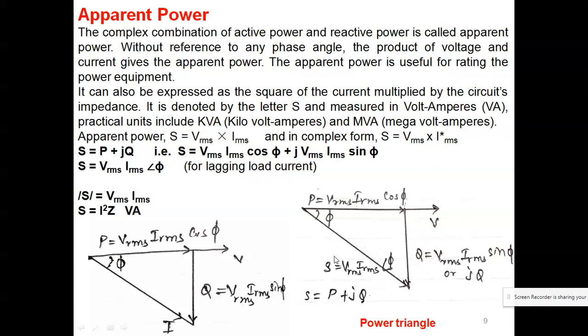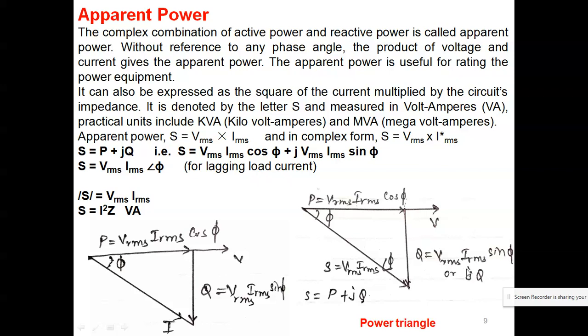I make a power triangle here to represent all three powers. This is our real power, this one is our reactive power, and because we are representing the complex combination of these two powers, I write jQ here.